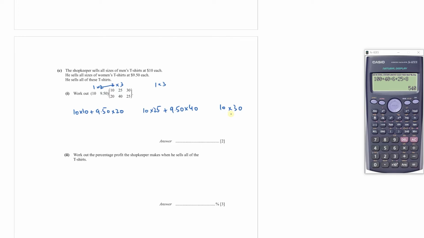So this will be 100 plus 9.5 into 20, which is 290. This will be 250 plus 9.5 into 40, so this will be 630.